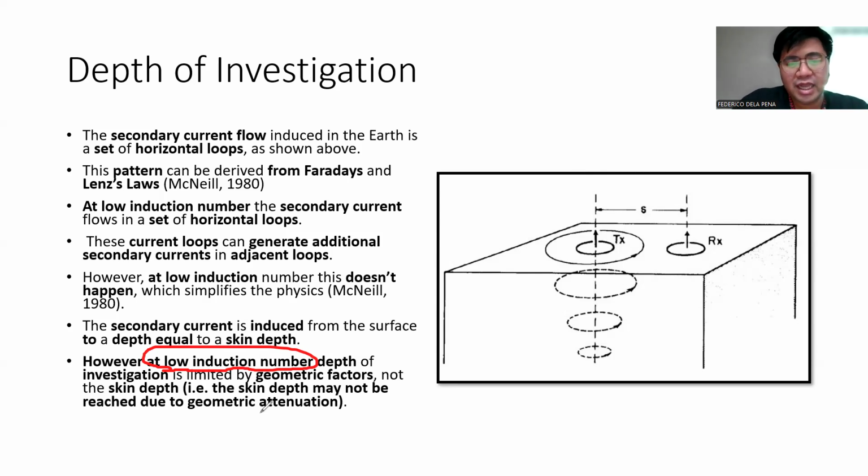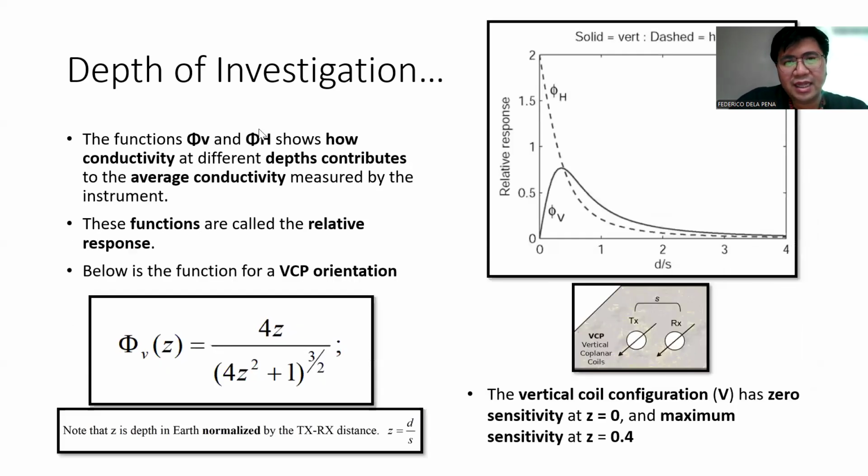Ground EM surveys. For these surveys, the depth of investigation is actually limited by the setup of the equipment, not really the skin depth. We're going to elaborate that in the succeeding slides.